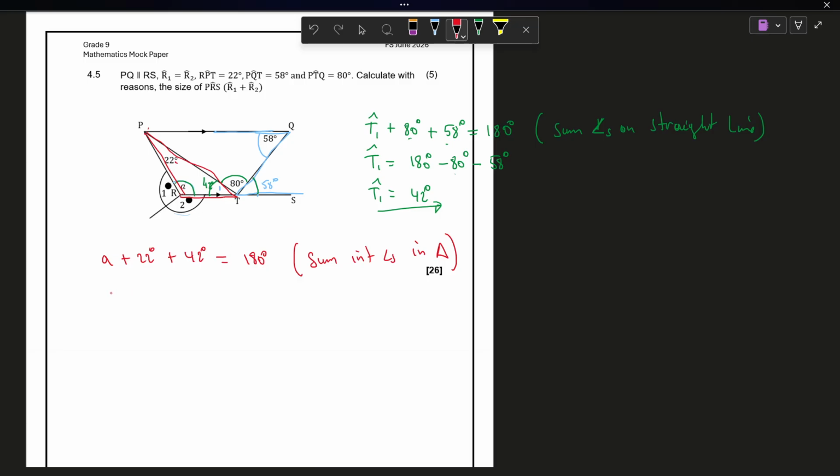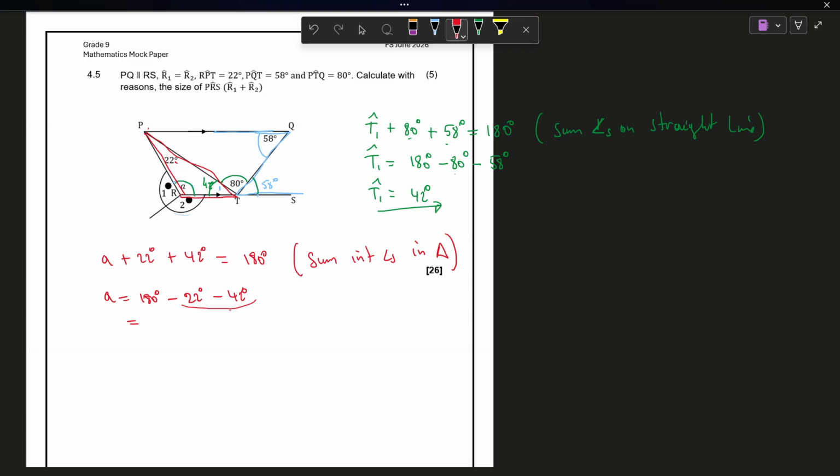So what do we get here? We get A equals 180 degrees minus 22 minus 42 degrees. What do we get here? This will sum up to minus 64.